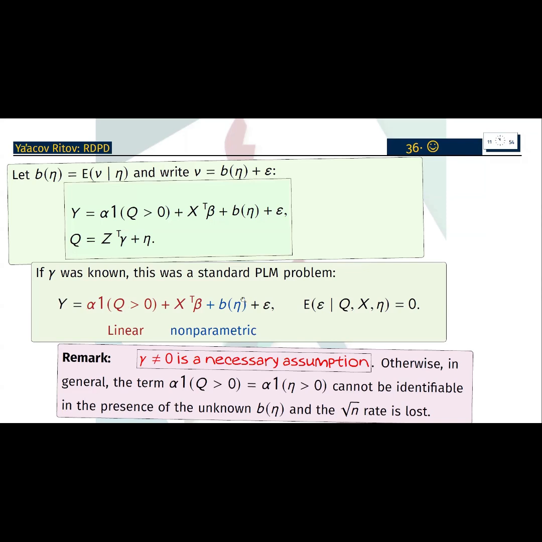The reason it is possible at all is because I assume that this function is continuous and I assume that this function is not continuous. Therefore, the only thing that I can estimate is a discontinuity of a non-parametric function. That's what the econometricians, the bad guys in this story, are doing.